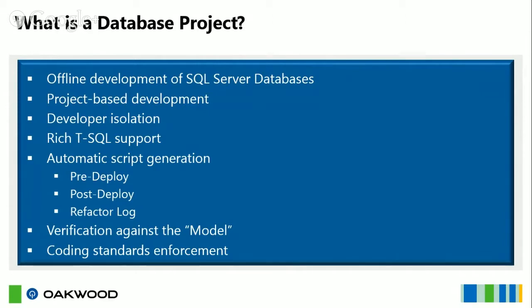So if you want to know where that table is being used, you right-click, find all references, and it'll tell you it's being used in this stored procedure, in this view, and so on. It's all built into a database project, so you don't need a third-party utility. It's just there. It's just like using find all references in C#. Obviously, the bigger the database, the longer it takes.